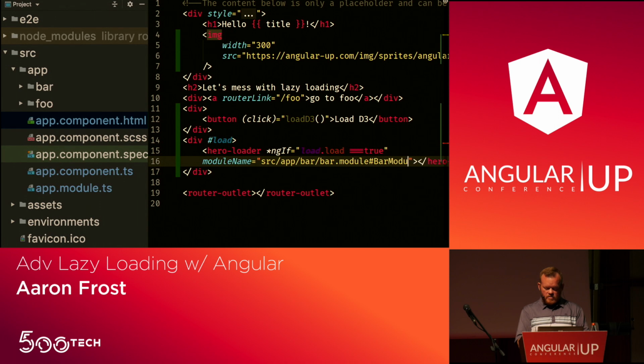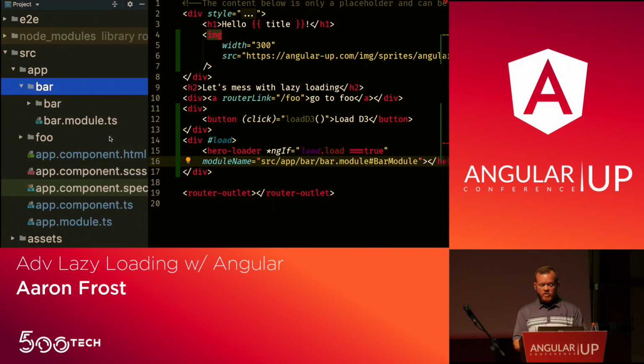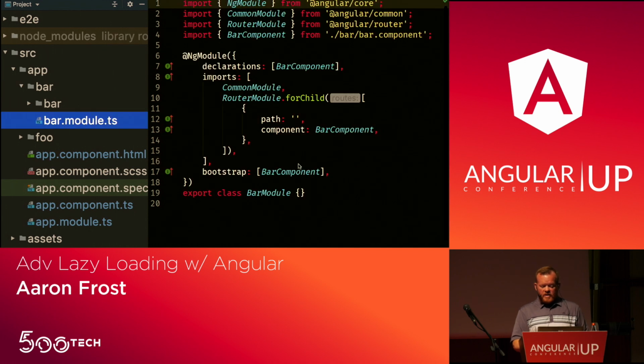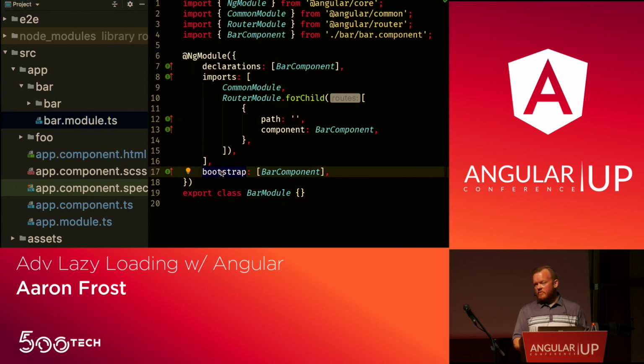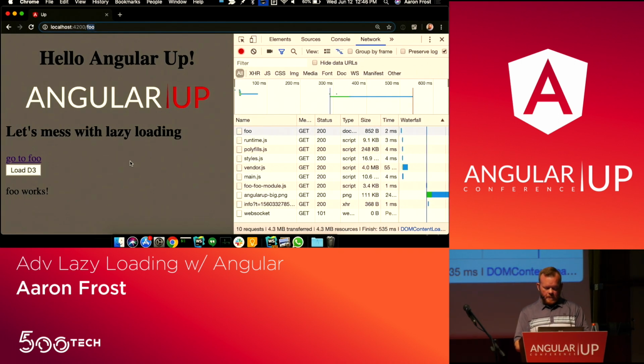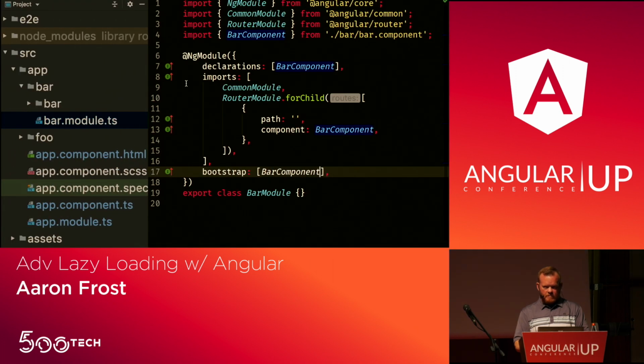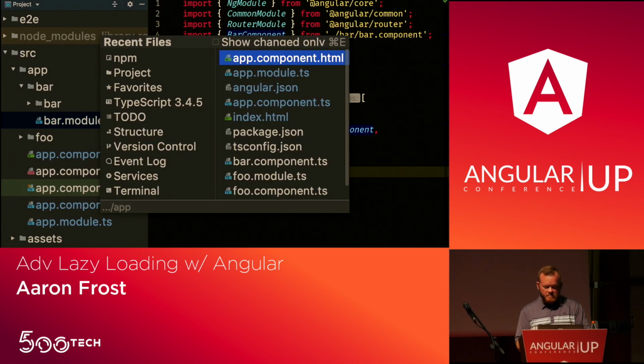Now, one change I had to make with the bar module in order for it to know which component to turn on is I had to add a bootstrap array, and I put in the component I wanted to turn on. That's the only difference between a regular lazy loaded module and this bar module: you have to specify which component is going to get turned on when this module gets loaded. So now that I've done all of this, when I save this and we go back to our app, oh yeah, sorry, I didn't add a button to flip that thing.